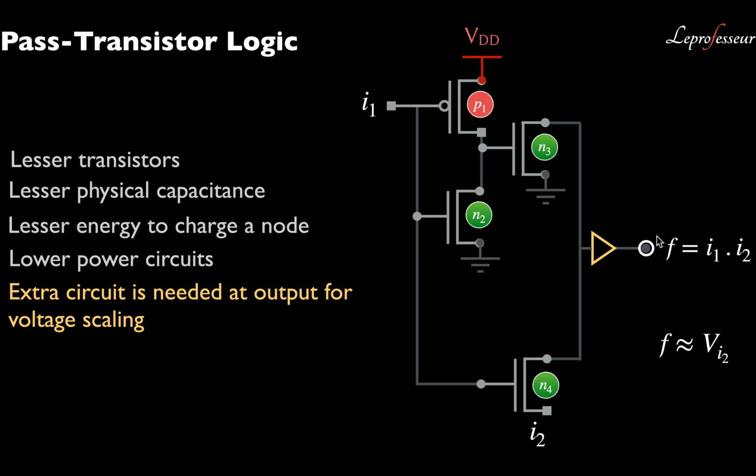So in this example, I'm just saying that we use a buffer or level shifter. In low power techniques, people use level shifters. In a simple way to say, an extra circuit is needed at the output to scale the voltage. So that's a little drawback of pass transistor logic, other than the major advantages here.